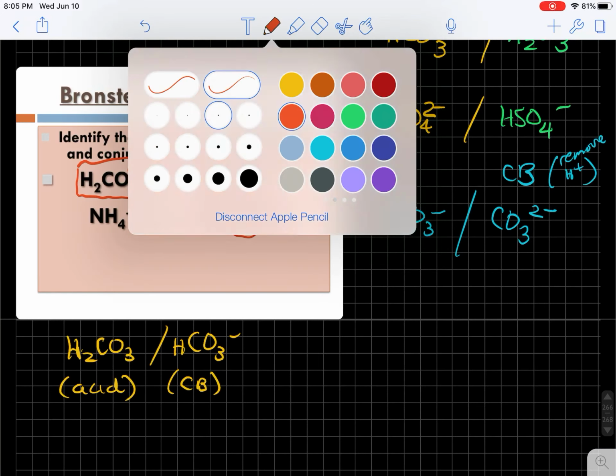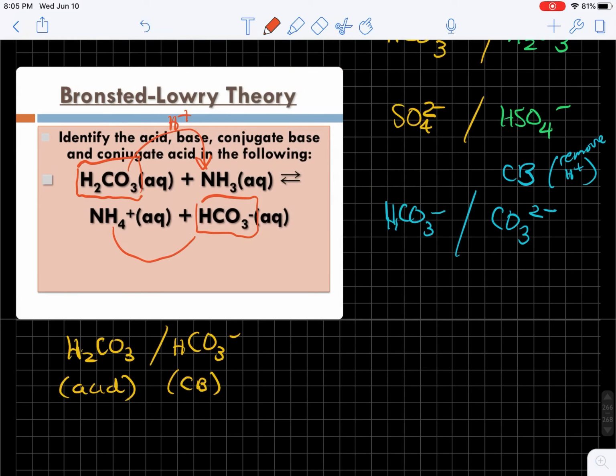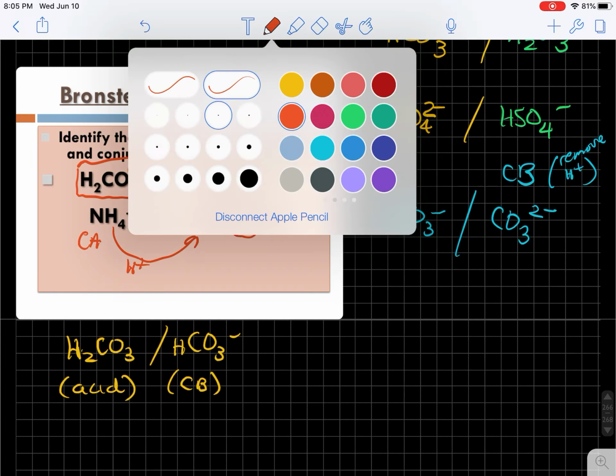Now, if we look at the reverse reaction, it's the ammonium that is giving away H+, so that it becomes ammonia in the reverse reaction. So we would say that NH4+ is acting like the conjugate acid, so therefore ammonia is the base.